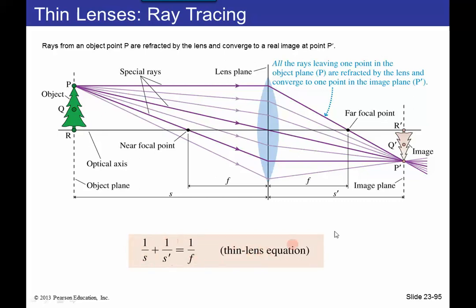This equation allows you to get S prime, where the image is going to be located, if you know F and you know the distance to the object. So that is one of the important equations used when designing thin lenses.